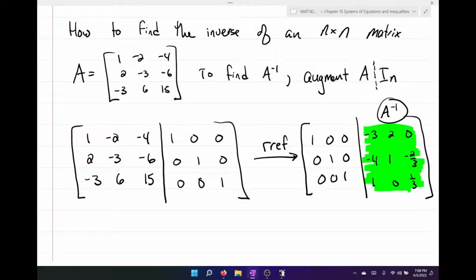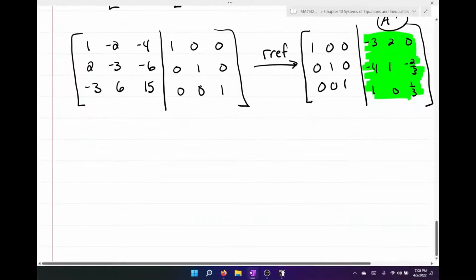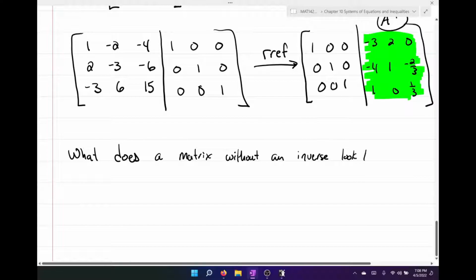Okay. Now, I'm going to have to show you what a matrix without an inverse looks like.